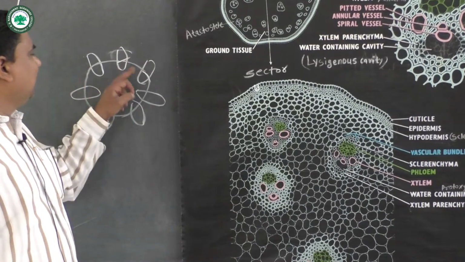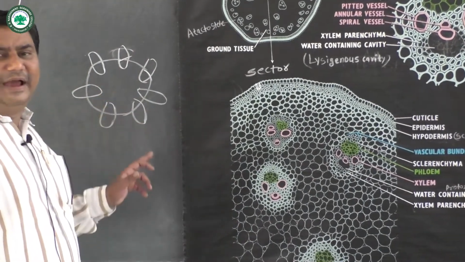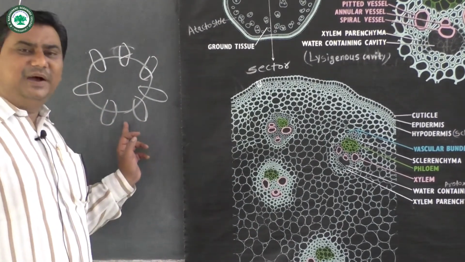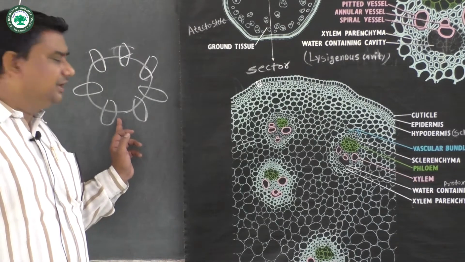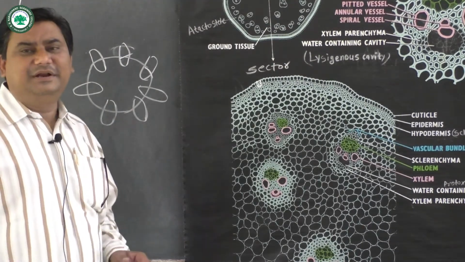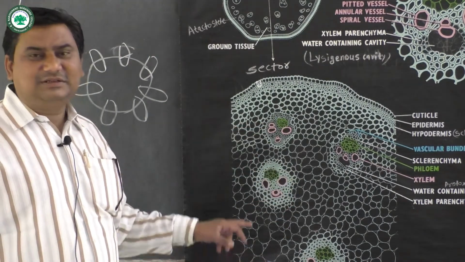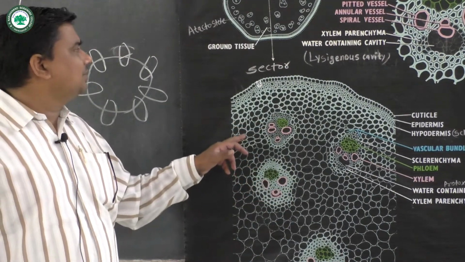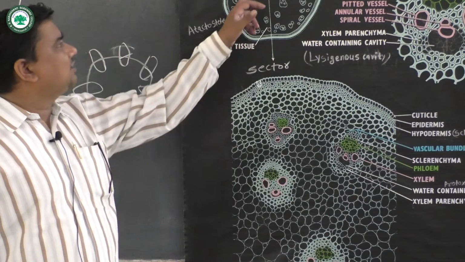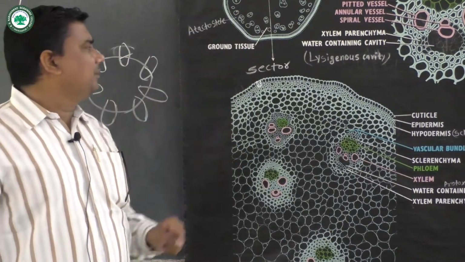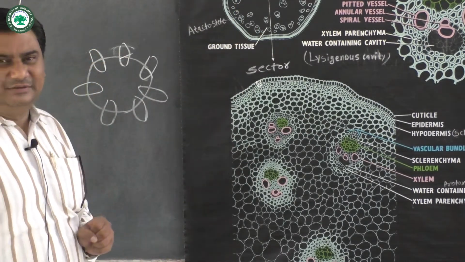The arrangement of the vascular bundles in a ring manner is why it is called the eustele, or what we call the true stele. In the monocot stem, vascular bundles are scattered, that's why it is called the atactostele.